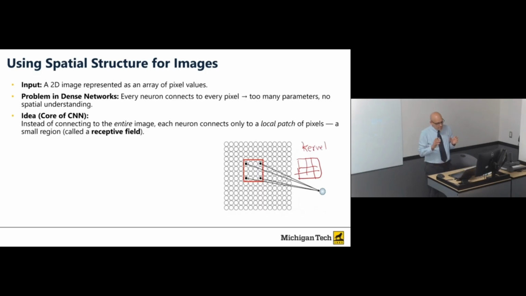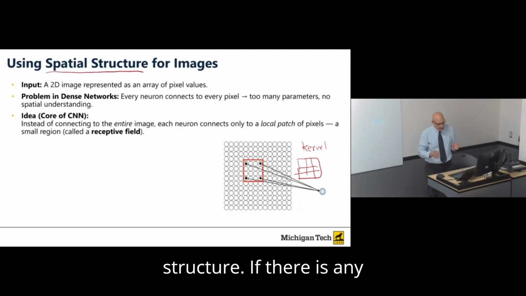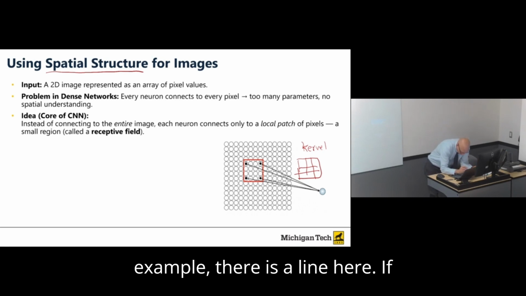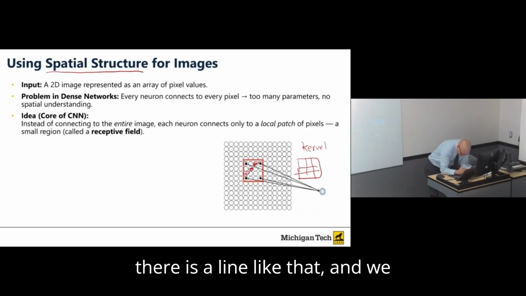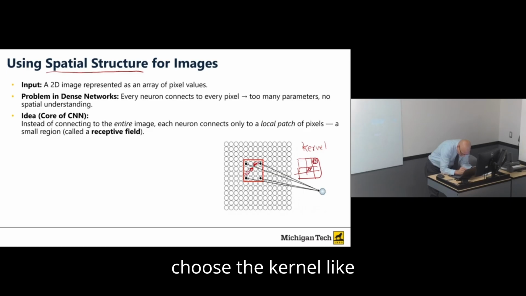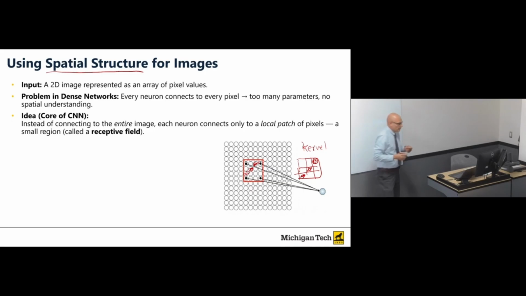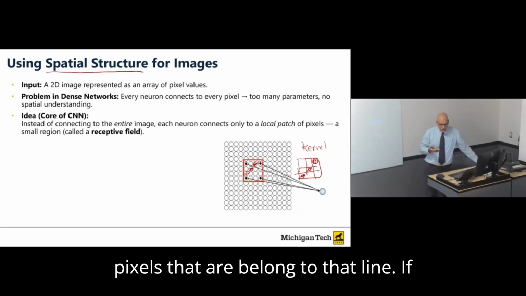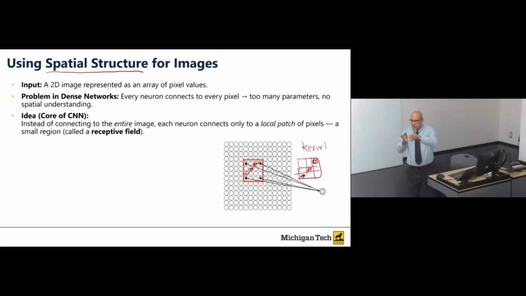Normally the kernel finds this spatial relationship, this spatial structure. If there is any relationship in this picture, for example a line here, and we choose a kernel like this, the kernel can detect those pixels that belong to that line. When I talk about detecting, it means it gives them more weight.